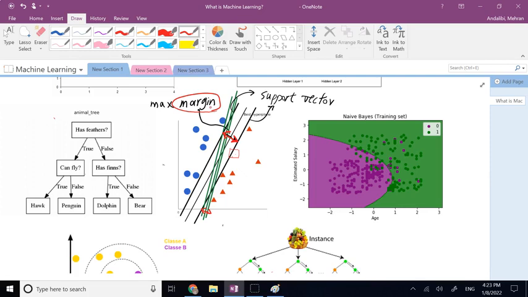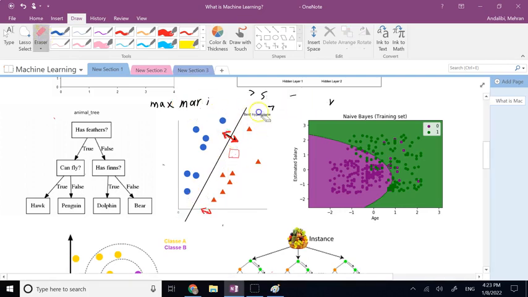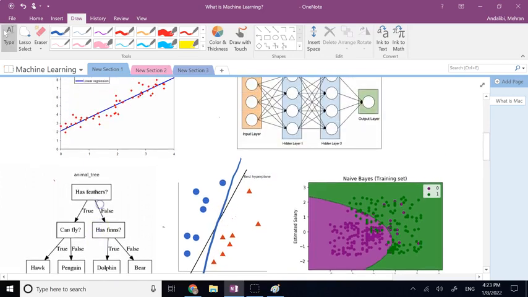And this is not the only method in machine learning that gives you some hyperplane to separate the data, right? But this is the one that gives you the maximum margin, because there are other algorithms in machine learning that give you a separating plane. For example, if the goal is just to draw a plane that separates them, one of the things that can do it is neural networks.